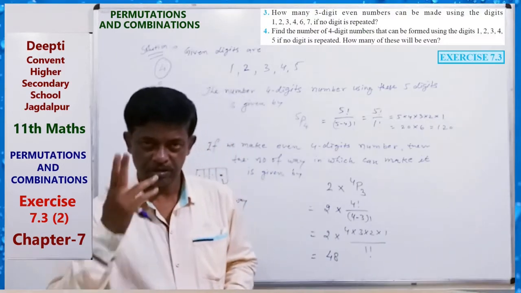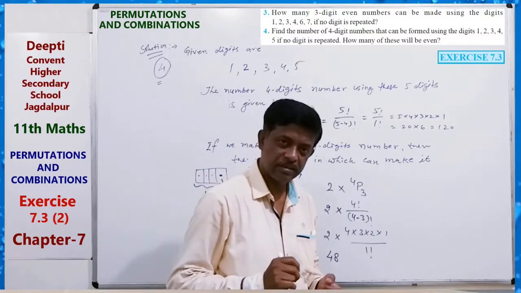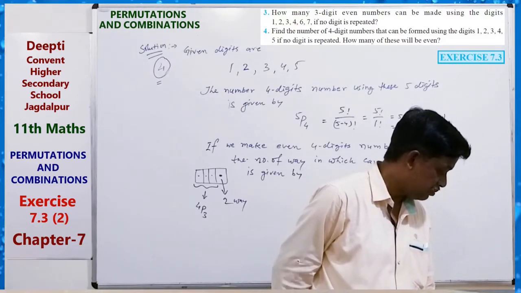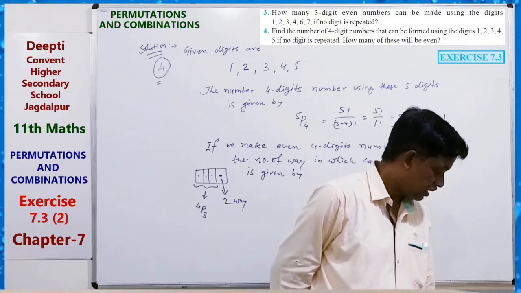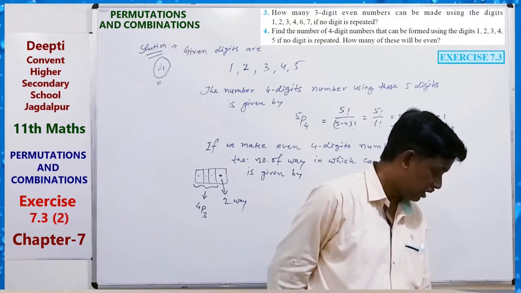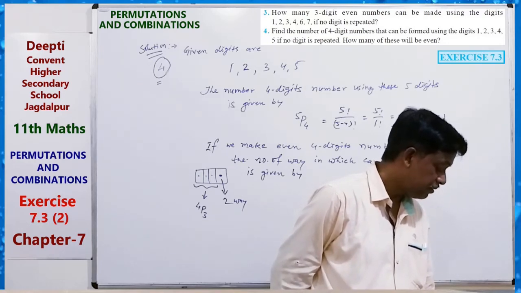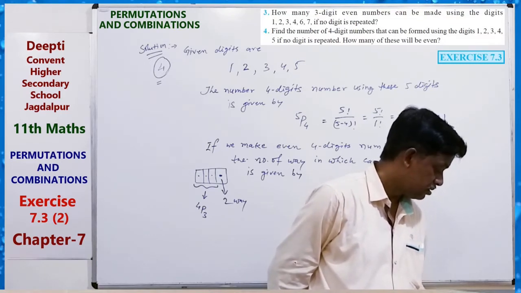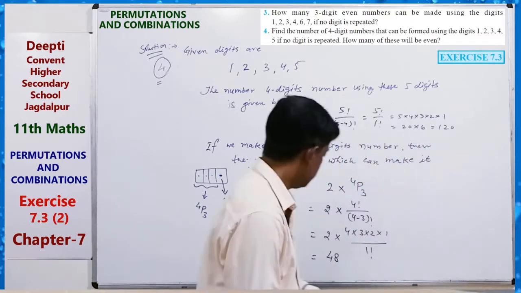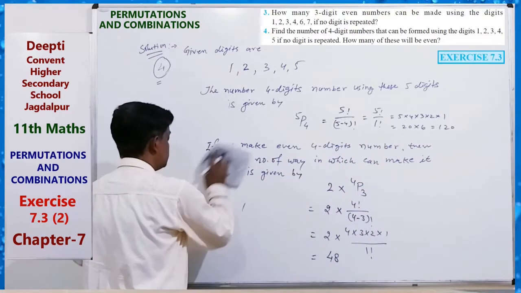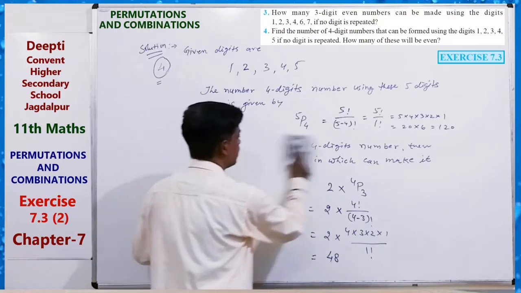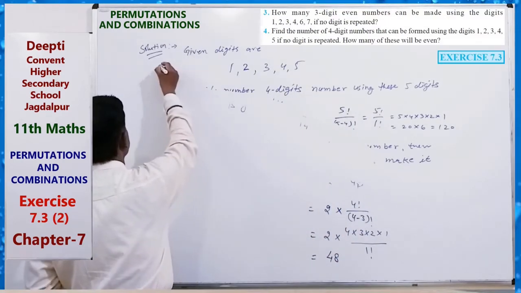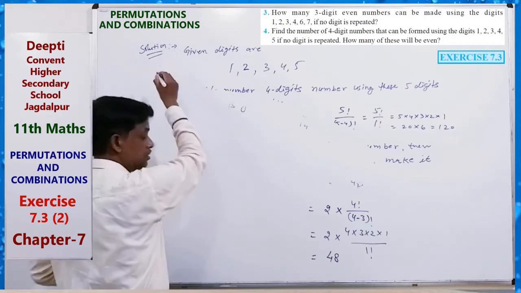So there are 2 ways for selecting, and a person cannot hold both positions. Question 5.